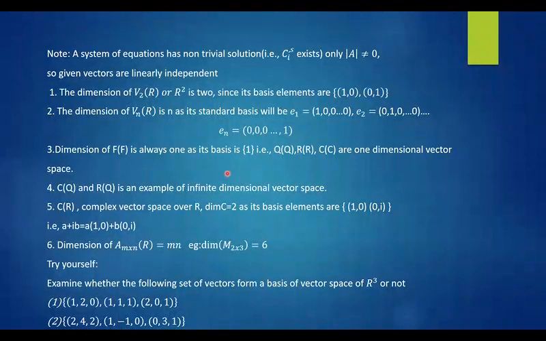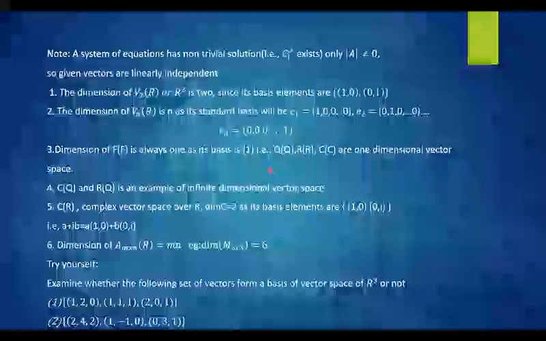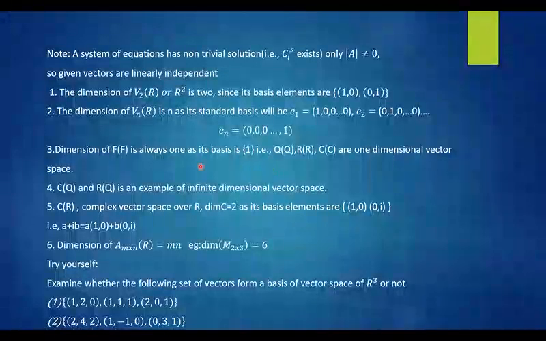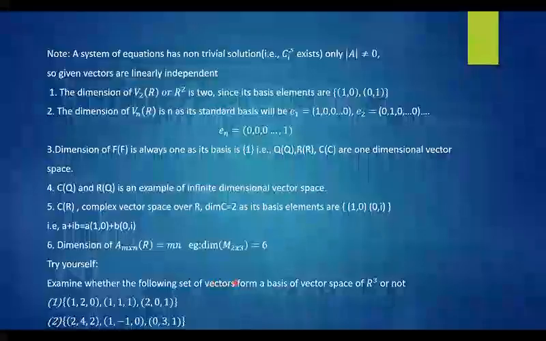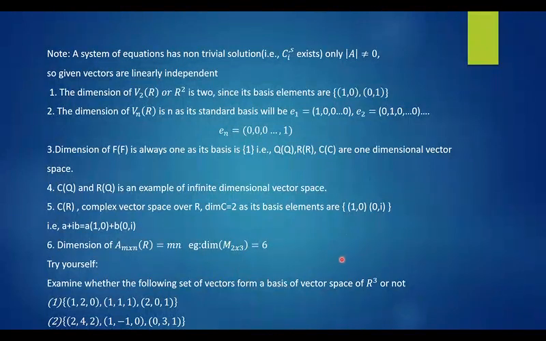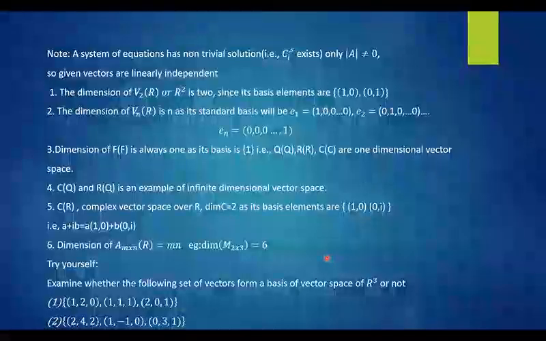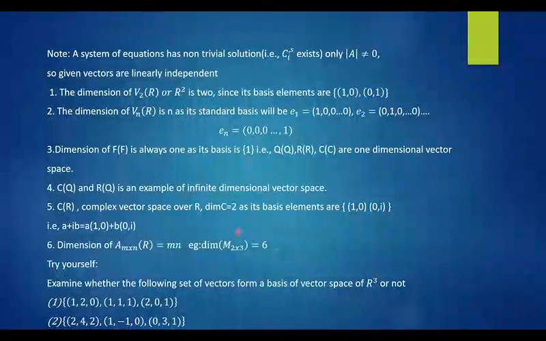For example, the dimension of the set of all matrices of order 2 cross 3 will be 6, since 2 into 3 is 6. Okay, these are some important notes. Then as shown in the examples, you try these problems for your assignment to prove it as a basis of R3 of R, and also find the dimension of the vector space R3. Okay, thank you.